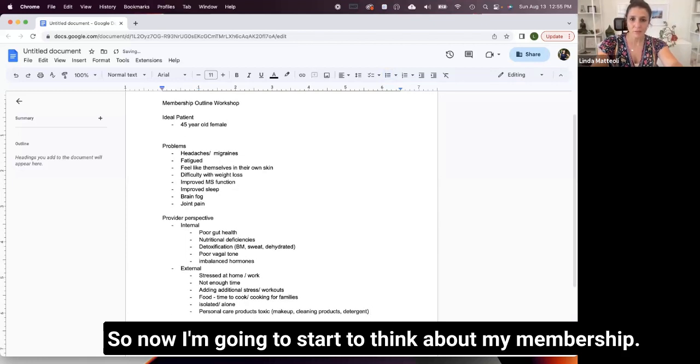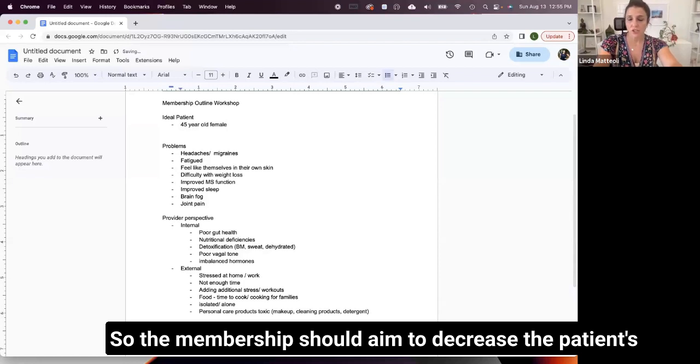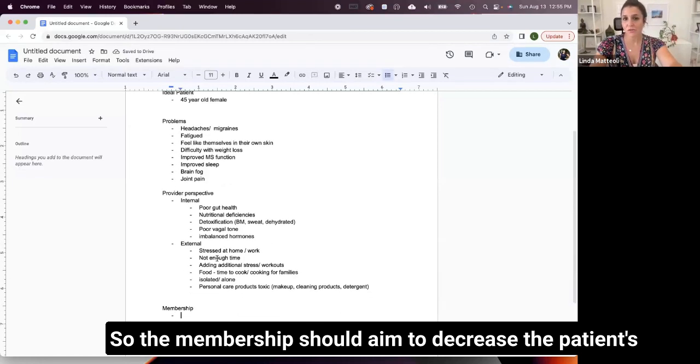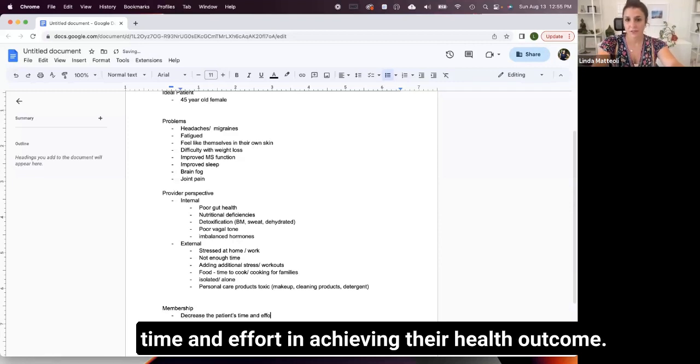So now I'm going to start to think about my membership. So the membership should aim to decrease the patient's time and effort in achieving their health outcome.